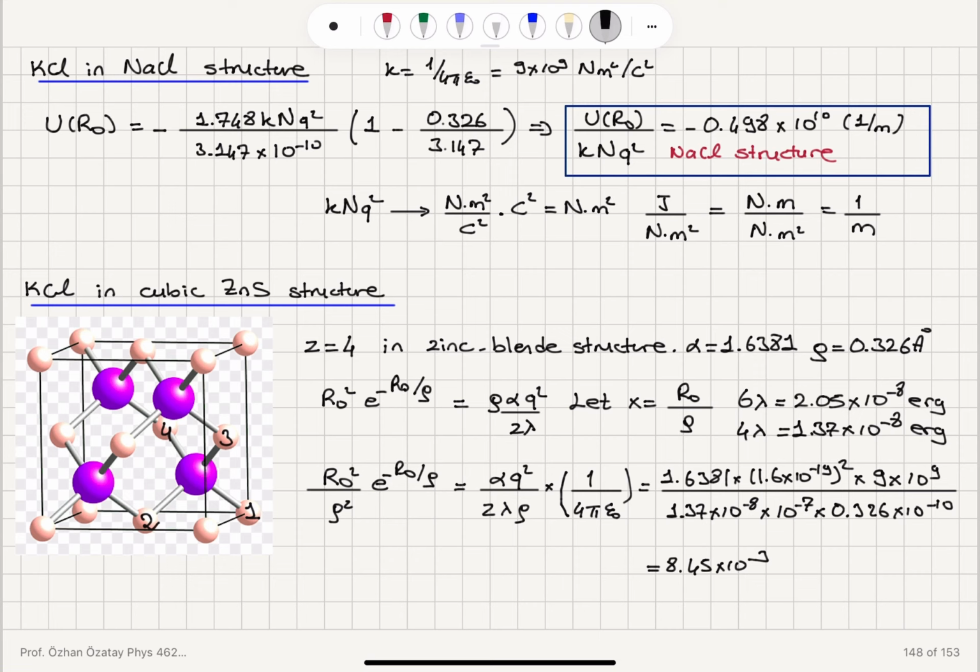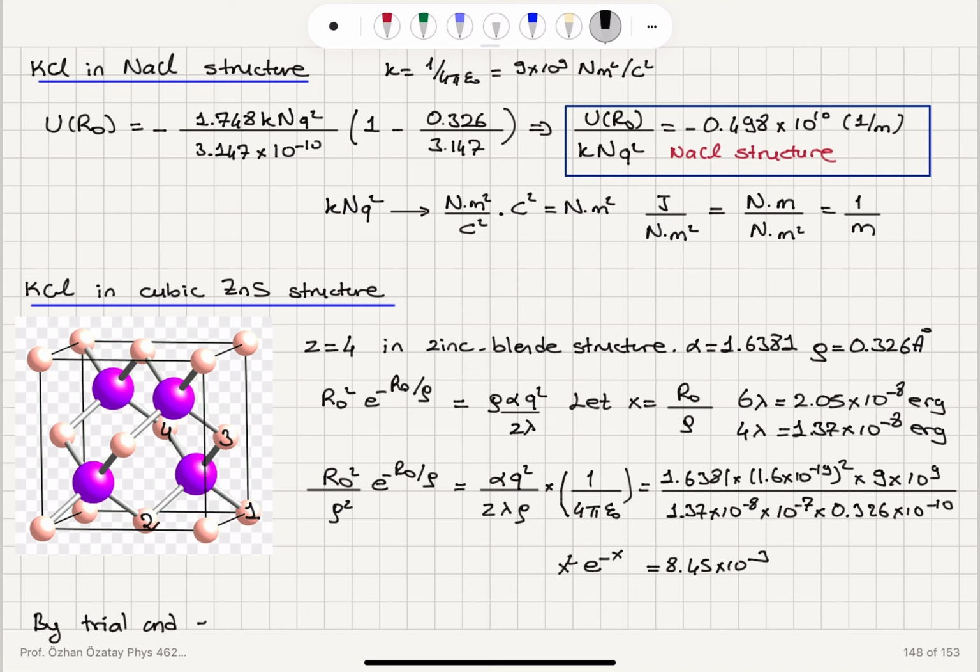So r0 square over rho square e to the minus r0 over rho, that's basically x square e to the minus x is equal to this value. So we can find what x is by trial and error.